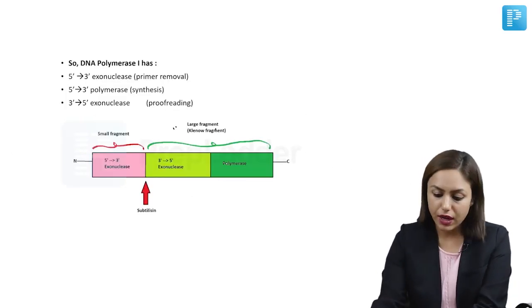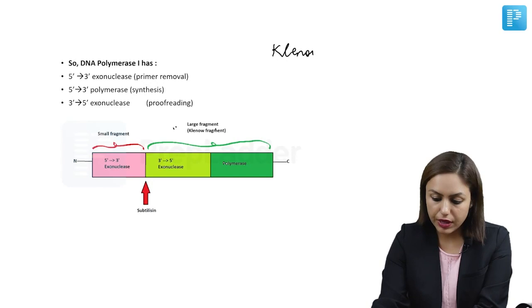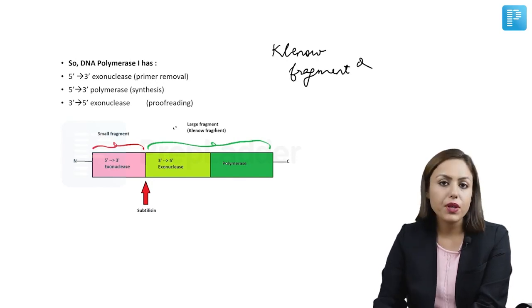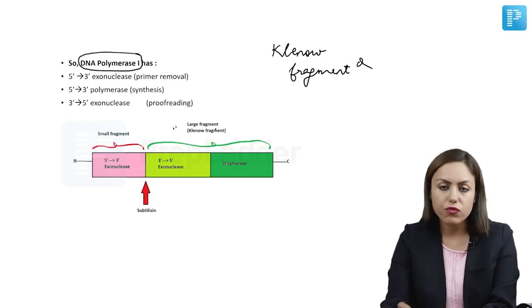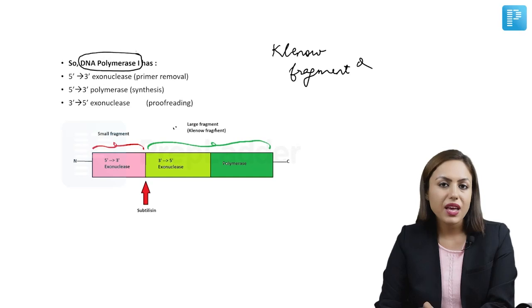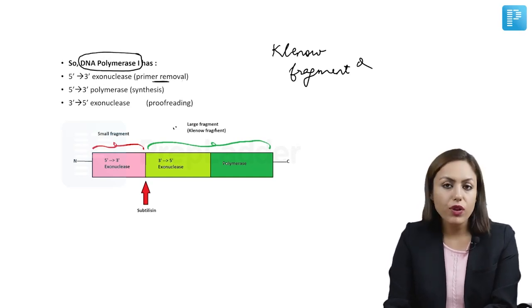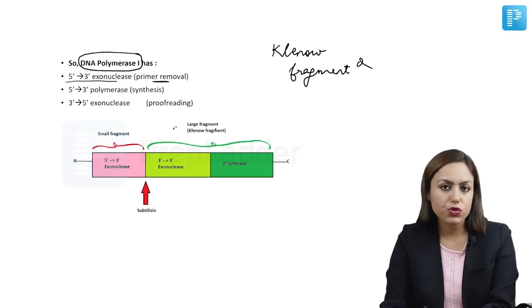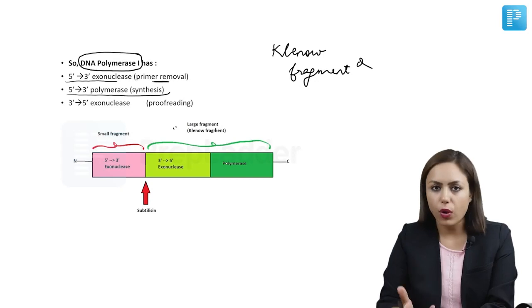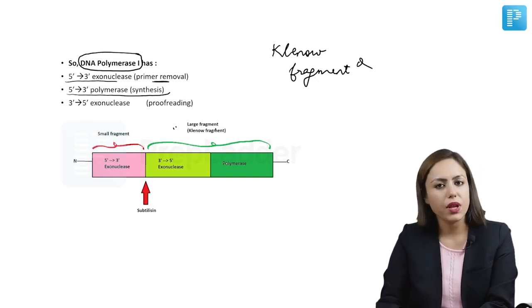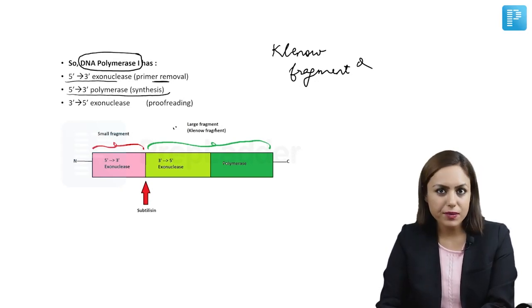Then we have to understand one thing, that is Klenow fragment. 2-3 times question is asked, right? So we know that DNA polymerase 1 enzyme is involved in DNA replication and it has three activities. One is primer removal activity, that is 5 to 3 exonuclease activity. Then the synthesis activity, that is the polymerase activity, the normal one, that is 5 to 3 polymerase.